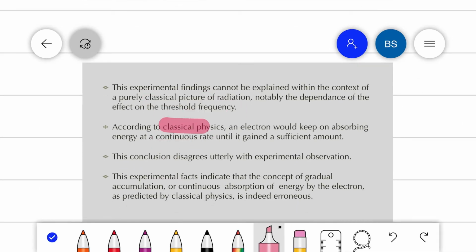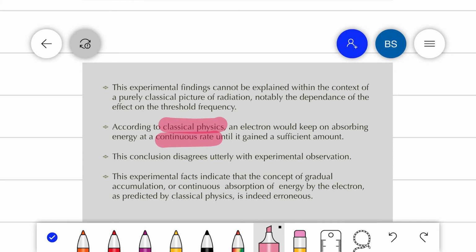According to classical physics, this experiment would be explained as the electron in the metal continuing to absorb energy at a continuous rate until it gets sufficient energy and then is ejected. This conclusion disagrees utterly with experimental observation.